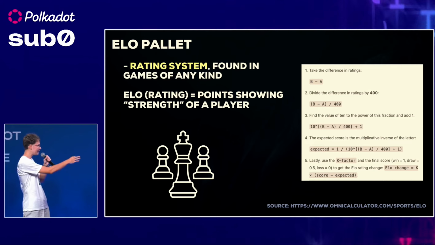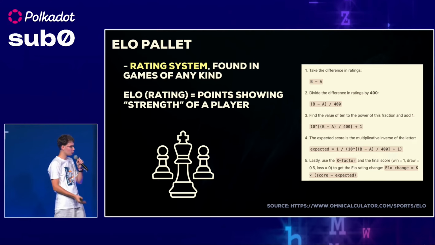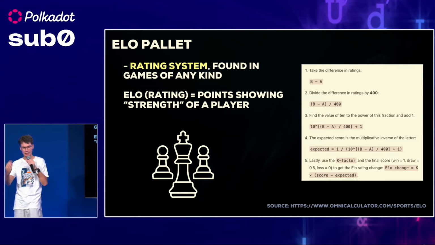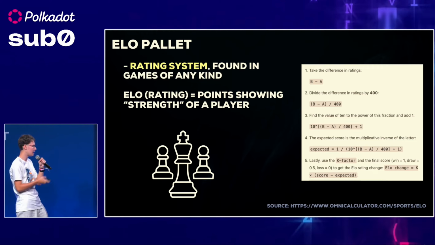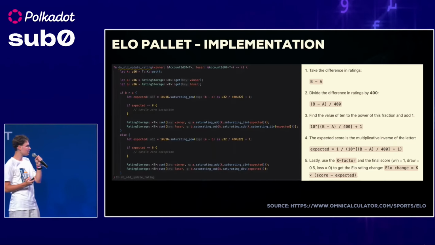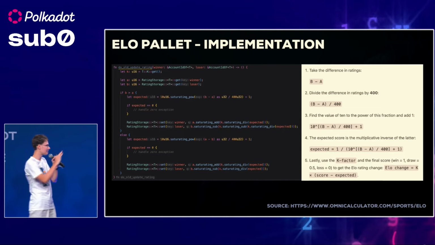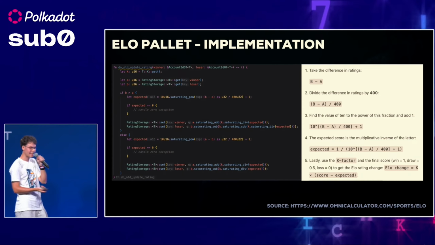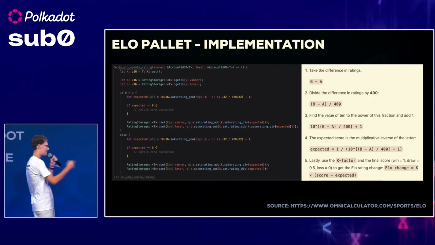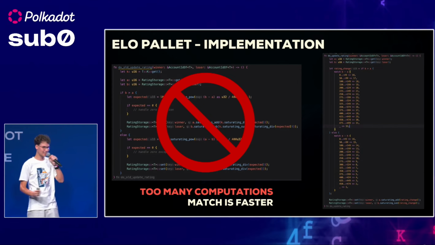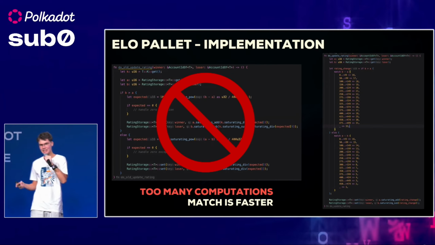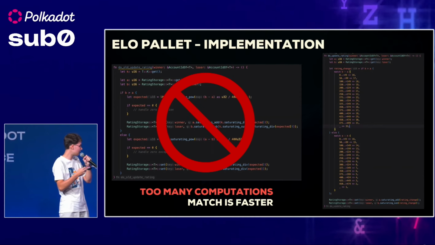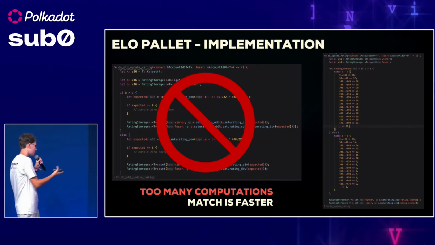And this is the equation that tells you the resulting difference after the match. And this equation can be very easily added to your Substrate code like this, but actually this is wrong because it's doing too many computations and match statements are much faster.